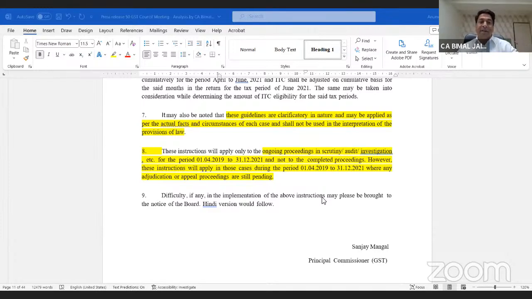However, the instruction will apply in those cases during the said period where any adjudication or appeal proceedings are still pending. So even if a notice got issued, or you got an adverse order and it is pending before the first appellate authority, you can apply this particular circular for your benefit and advantage.